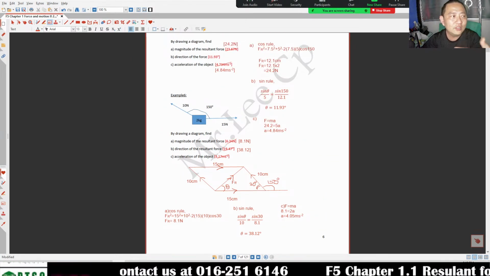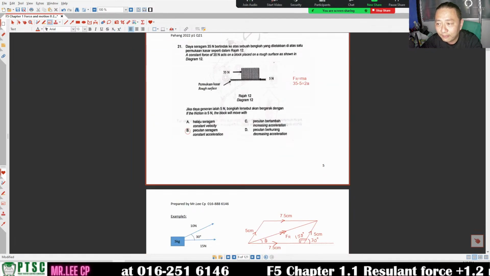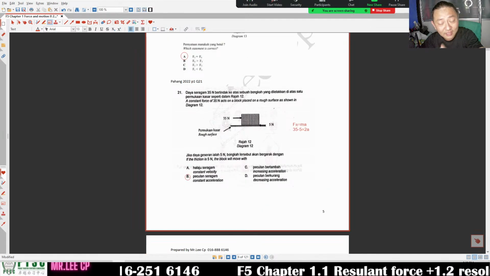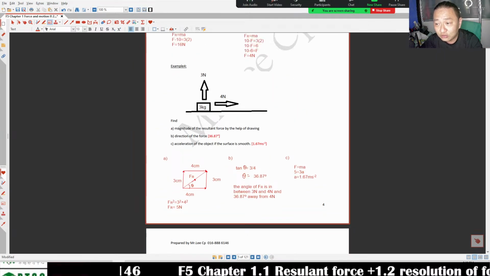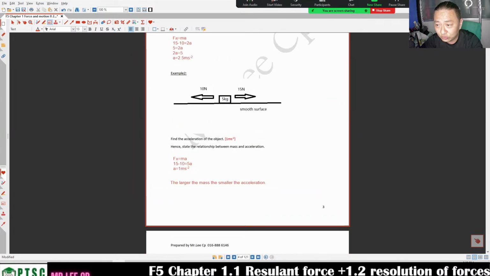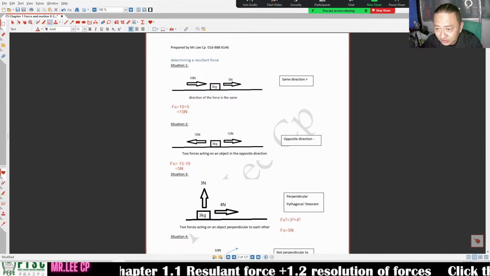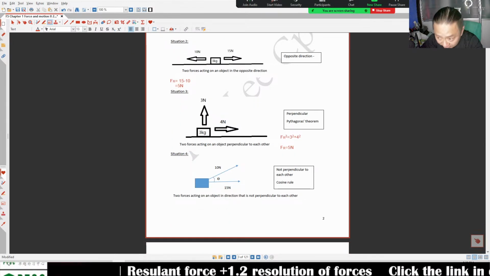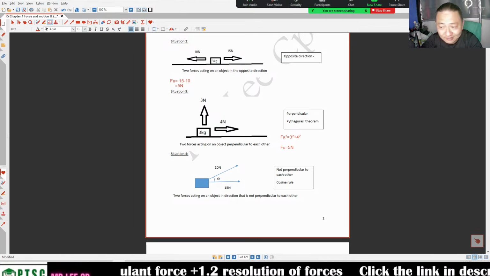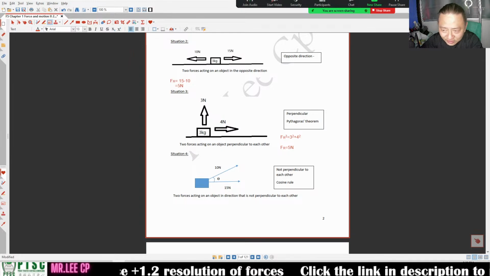This is how the direction is found in situation number 4. This one, if you don't copy, it is okay. I will send it to you later. As I told you, situation number 1 already, situation number 2 already, situation number 3 already. This is not perpendicular, not left, right only.